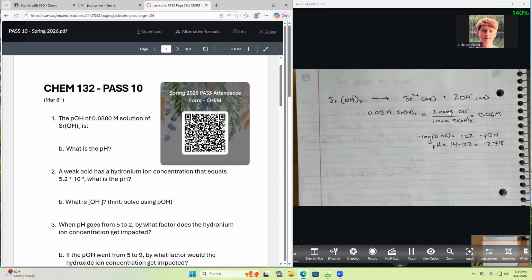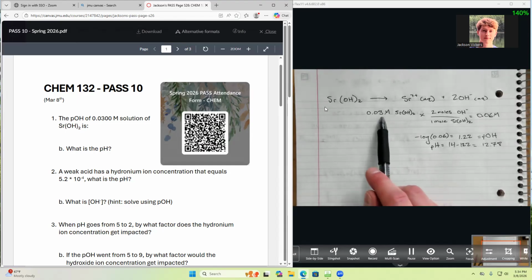We can draw the whole thing out if we want to be extra clear and do the whole mole ratio. But in your head, you might get quick at these and simply go, okay, I see strontium hydroxide. I know that's going to produce two hydroxide ions for every one strontium hydroxide. So all I'm going to do is multiply the molarity of strontium hydroxide by 2. And that's what I did.